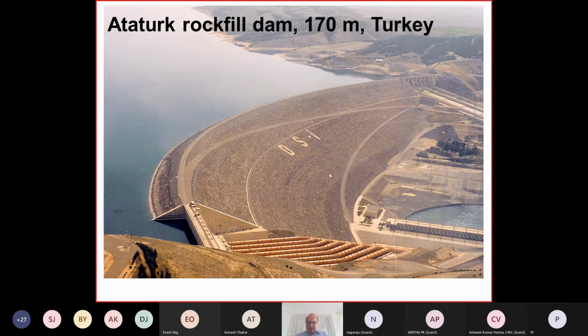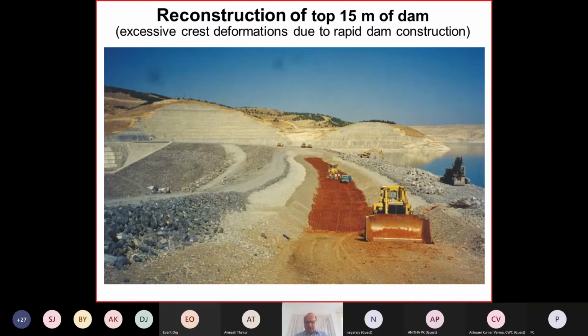It's also partly some foundation problem here. Some parts with karstic elements were also encountered in this case. But due to the rapid construction, because it was ordered by the then president of Turkey, the top portion was not constructed in a very good quality and was not compacted. So afterwards, after the inauguration, large settlements were observed, large means several meters, not only a few centimeters.